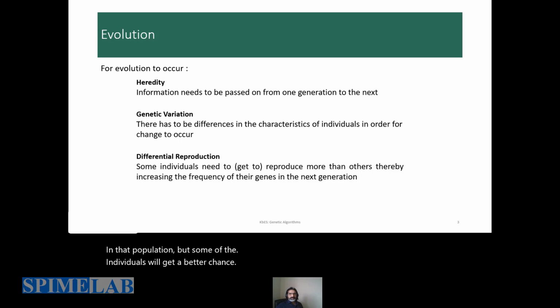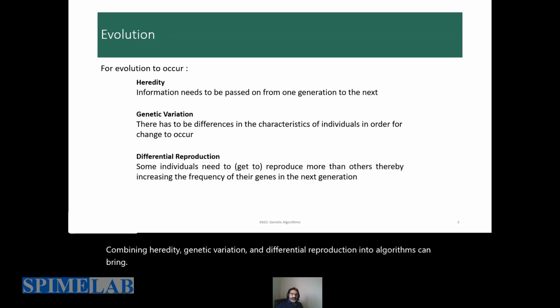We'll refer to that as differential reproduction. Combining heredity, genetic variation, and differential reproduction into algorithms can bring intelligent solutions from sheer randomness.